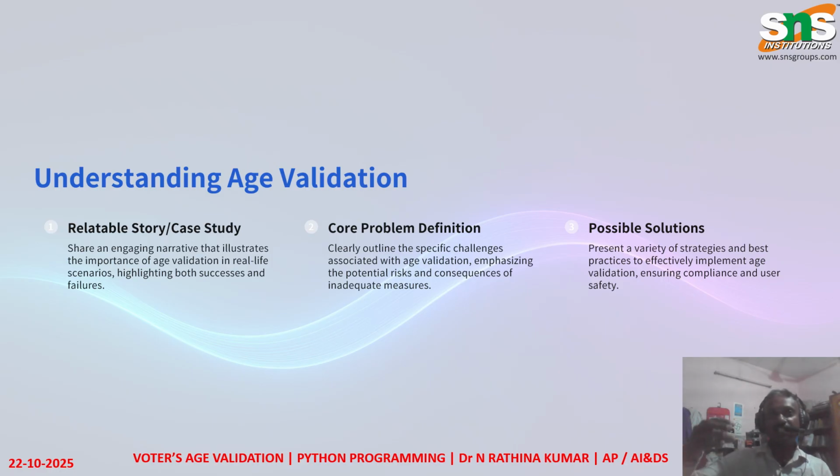If his or her age is above 18, they are eligible to vote. If the age is not above 18, they are not eligible to vote. So we must check the eligibility, and based on that we implement this program.